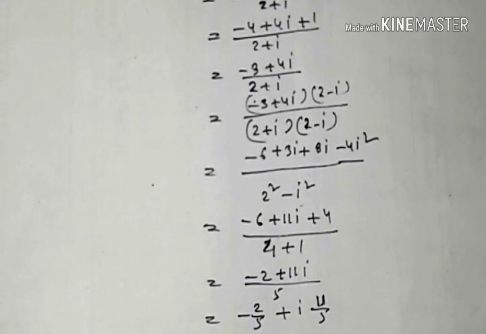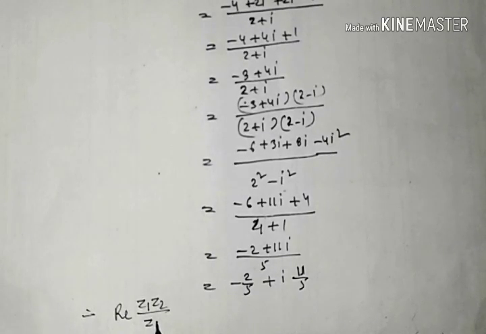And what is the real part? That is the real part. Therefore, the real part of z1 z2 by z1 bar is this is the real part, this is the imaginary part, so the real part is minus 2 by 5.